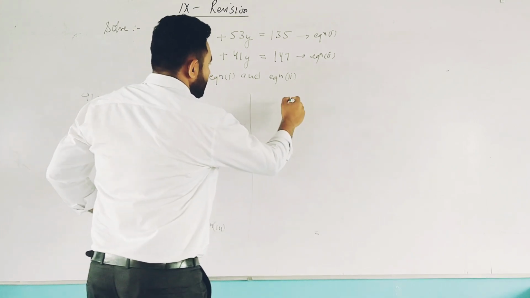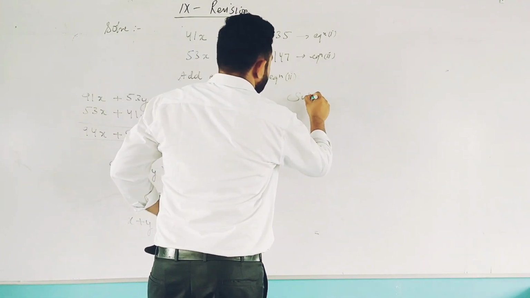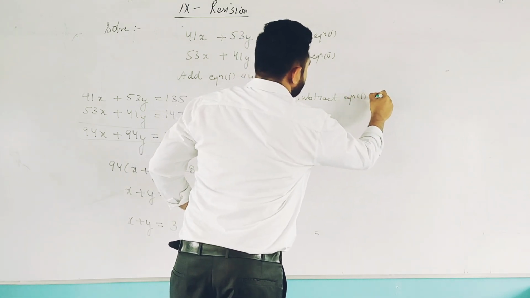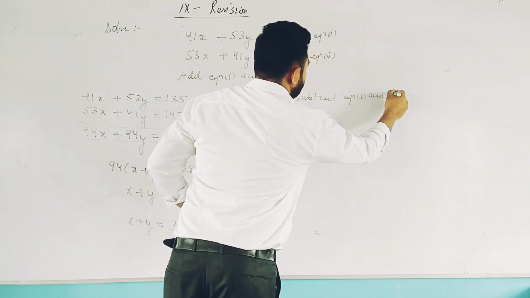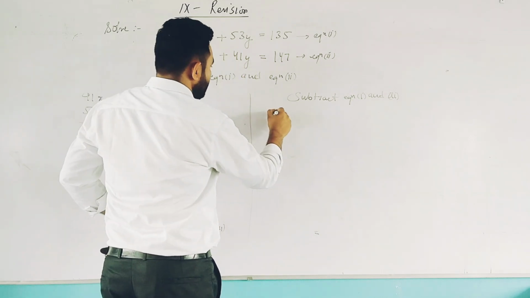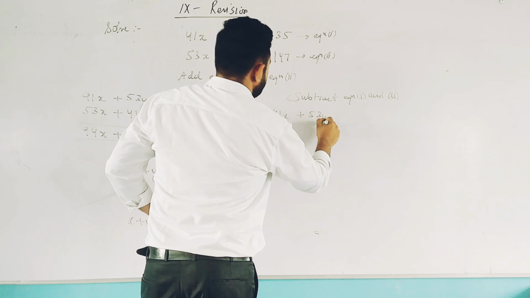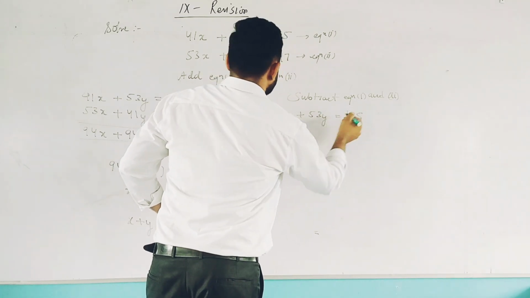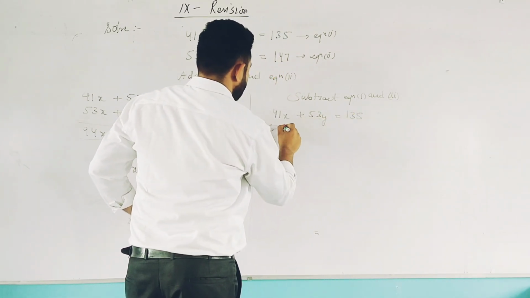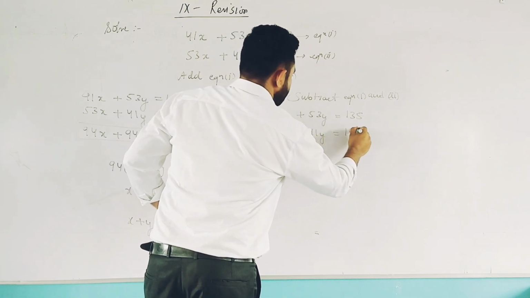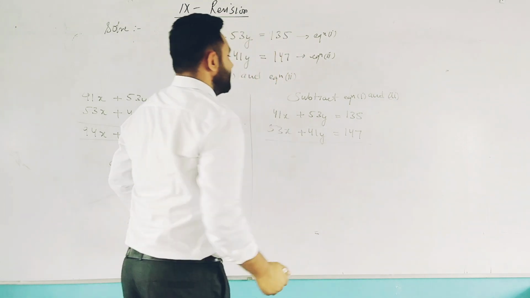As we have added both the equations once, now we will subtract these two equations. Again, I am writing this 41x plus 53y equals to 135, and 53x plus 41y equals to 147.